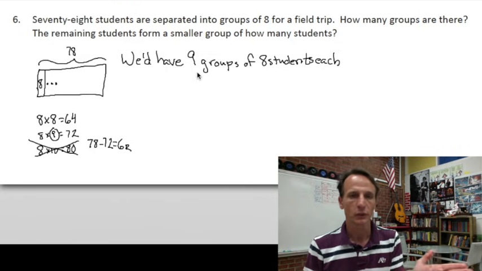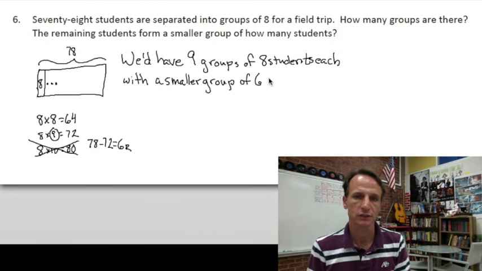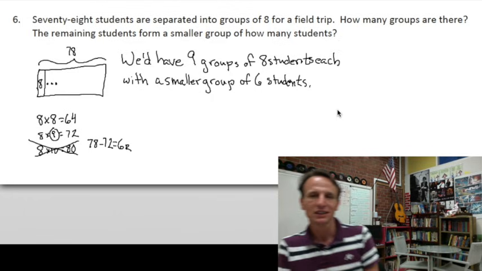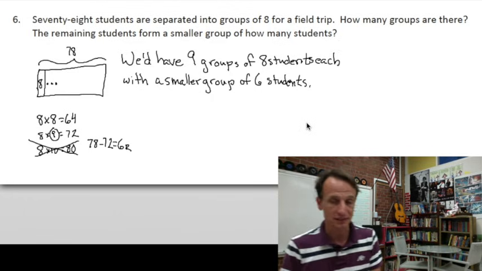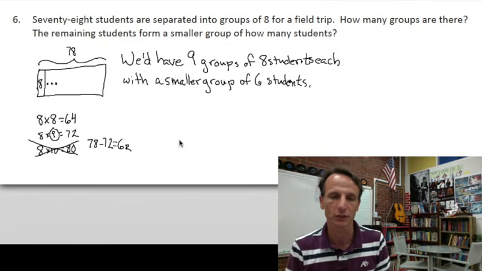Okay, so we'd have 9 groups of 8 students each with a smaller group of 6 students. And there's another case where, again, you can't just forget about those 6 kids. We live here in the real world where you can't just say, oh, well, the answer's 8. It's like, well, we still have 6 children here who need to be going somewhere.